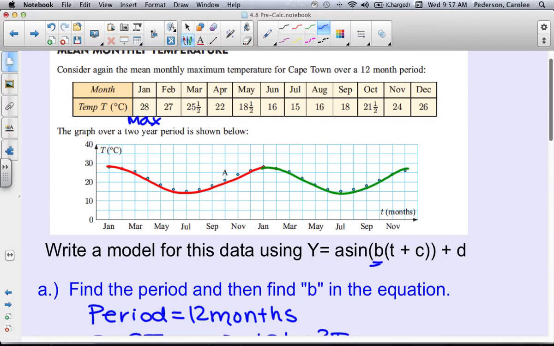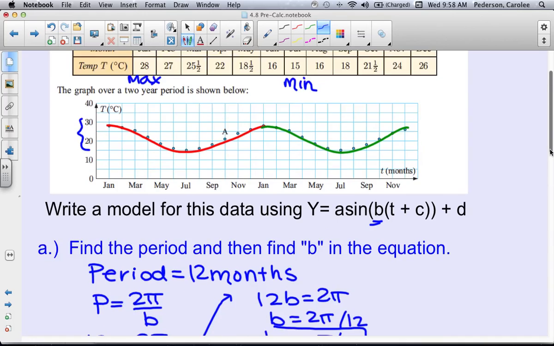What is your minimum temperature? 15 in July. And you want to find the halfway point between them. So we're going to add those two up and then divide by 2 using the midpoint formula.